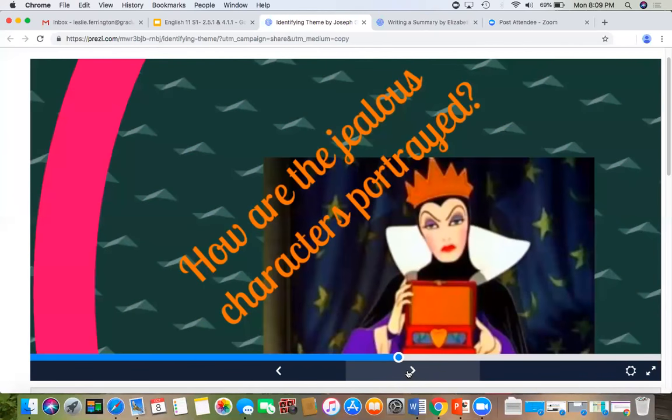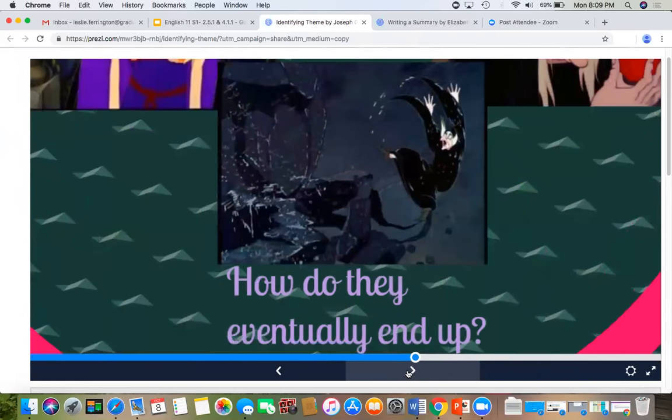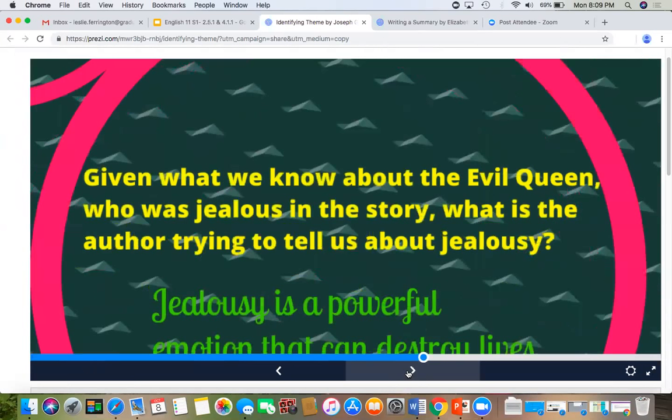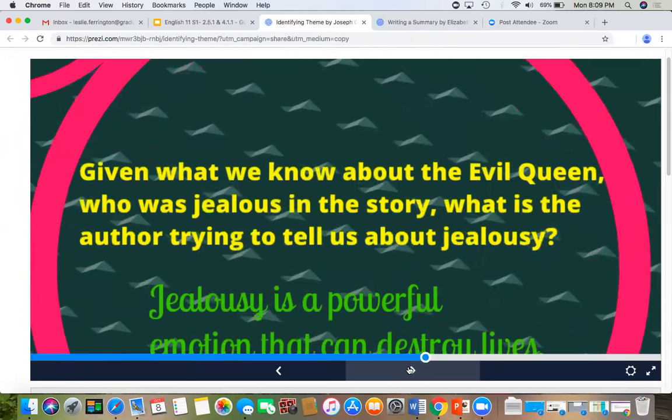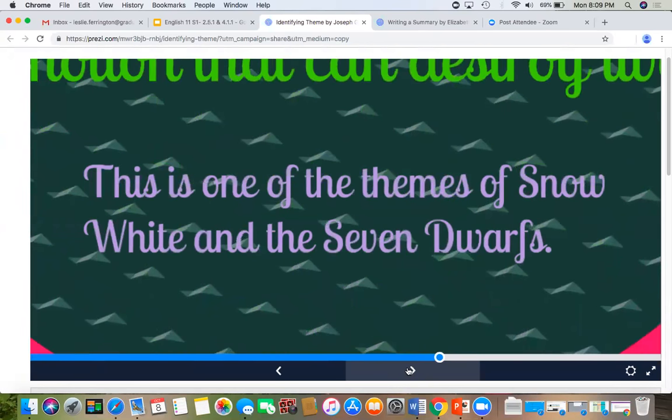How are the jealous characters portrayed? What do they do? And how do they eventually end up? So now, given what we know about the evil queen who is jealous in the story, what is the author trying to tell us about jealousy? The author's trying to say that jealousy is a powerful emotion that can destroy lives. So this is one theme from Snow White and the Seven Dwarfs.